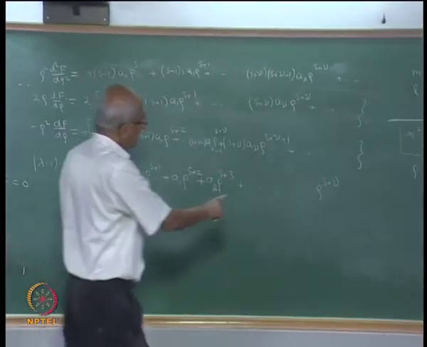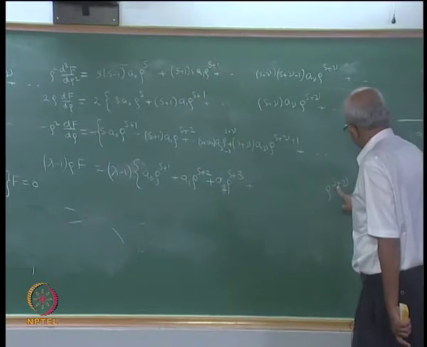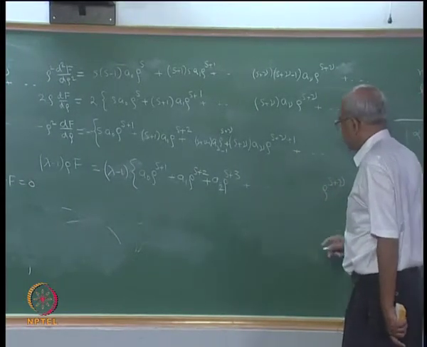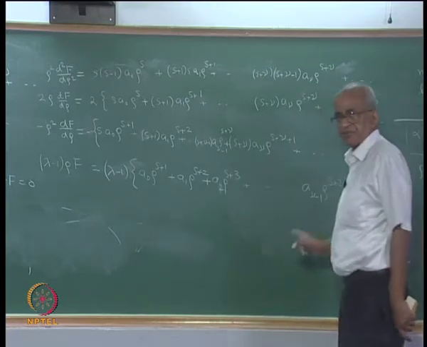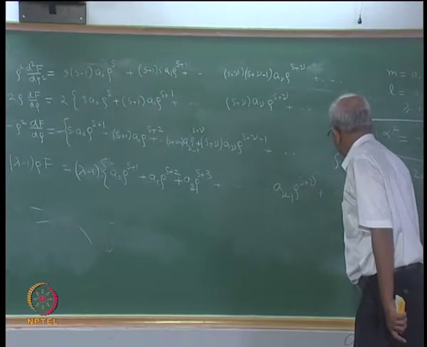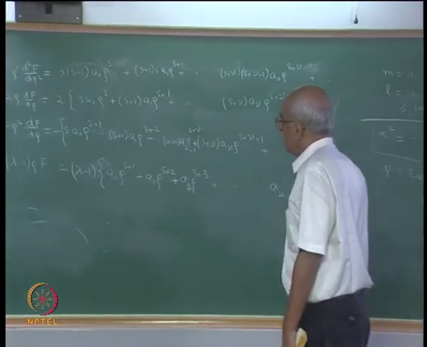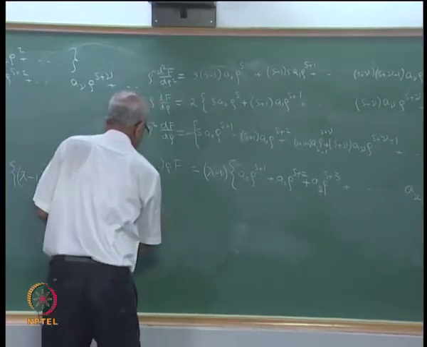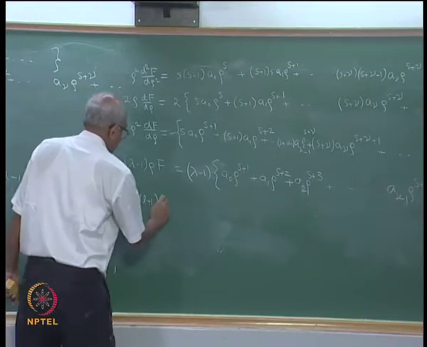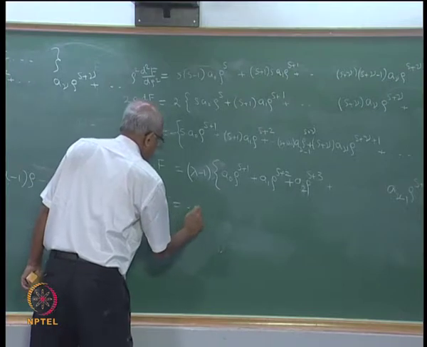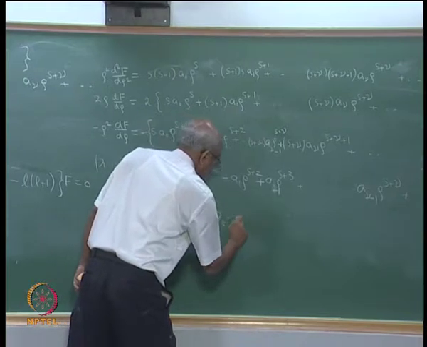So, if I wanted to write the coefficient of rho to the power of s plus nu, it is going to be a nu minus 1, correct, plus etc. And the last term is minus L into L plus 1 f, is equal to minus L into L plus 1 into a0 plus a1.